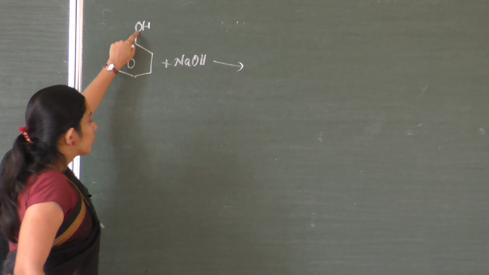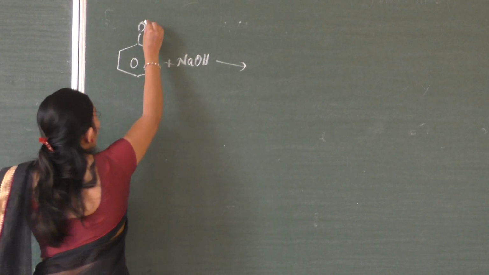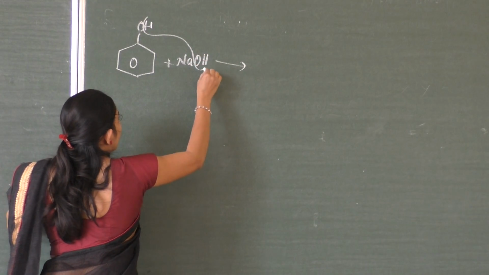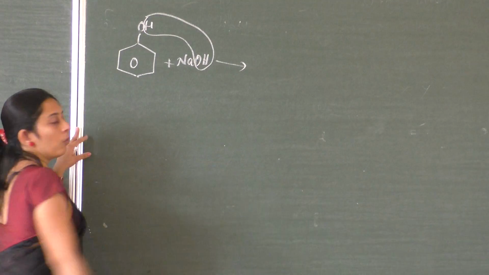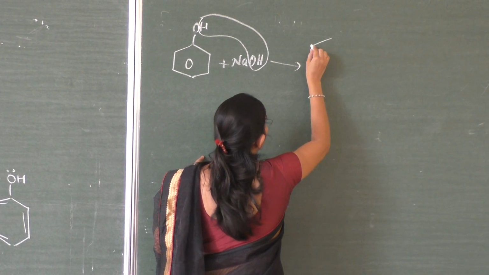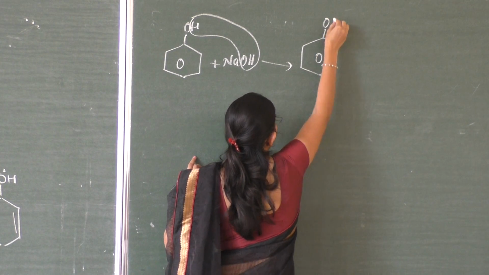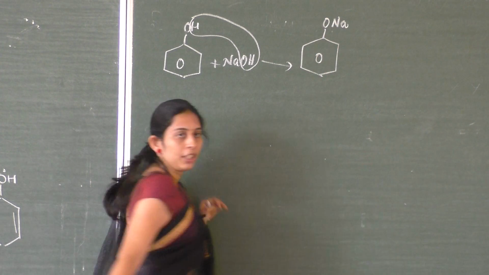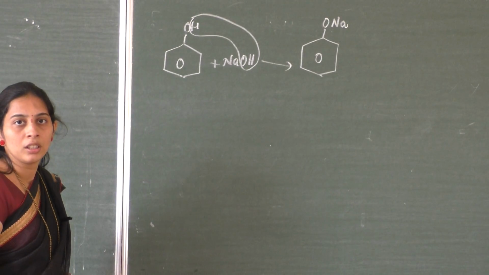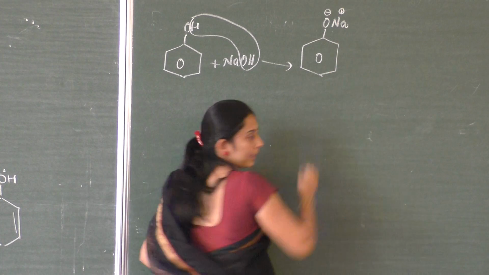There is formation of sodium phenoxide with the liberation of a water molecule. So we are going to get a phenoxide ion. It is O minus and Na plus.